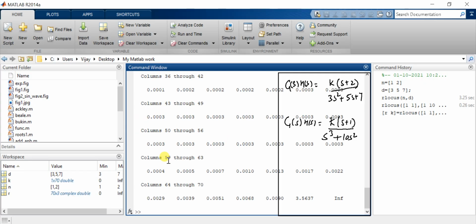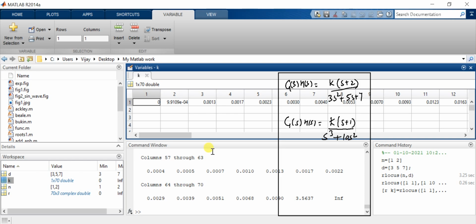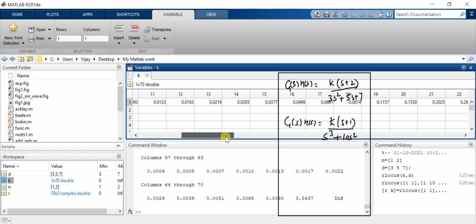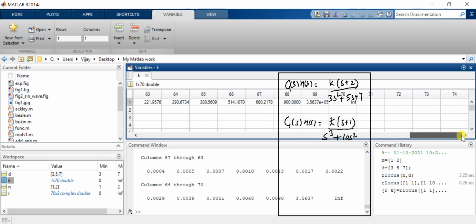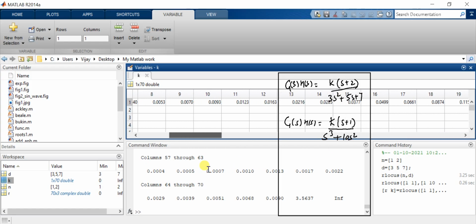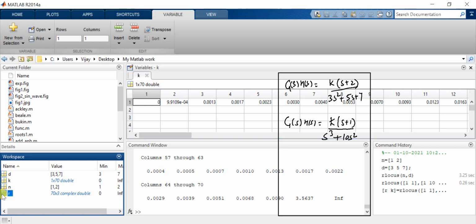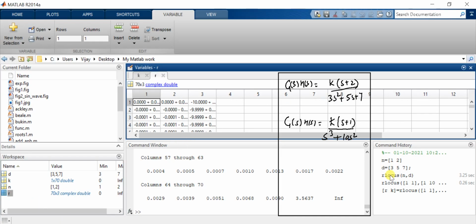When you hit it, you can see there are multiple roots, and there are values of k for which the roots are determined. These are the values of k, where k is varied from 0 to infinite, and this is the root location for this particular value of k, the pole position basically. For the second example, you can see that these are the pole locations for the values of k.